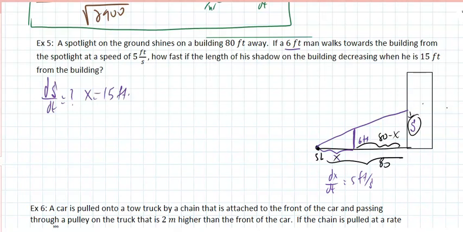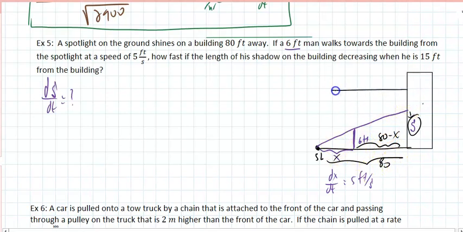So if I am 15 away from the building, remember this whole distance is 80, that means x is what? x is 65. When x equals 65. So that's the only thing I have to adjust.